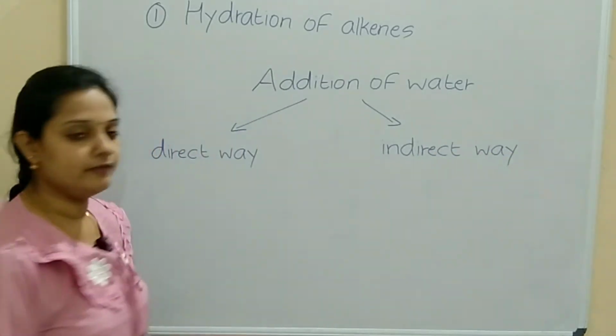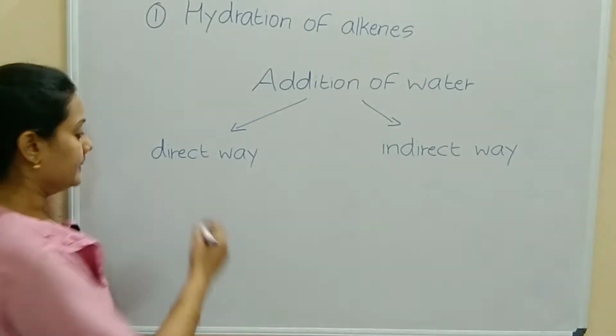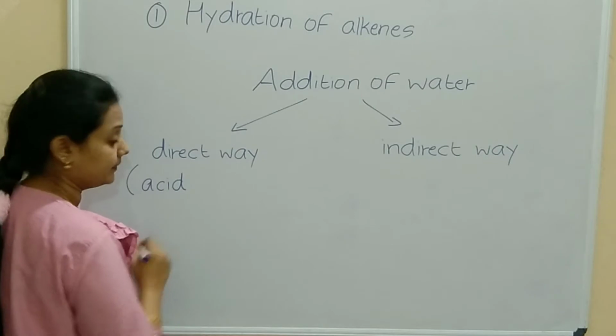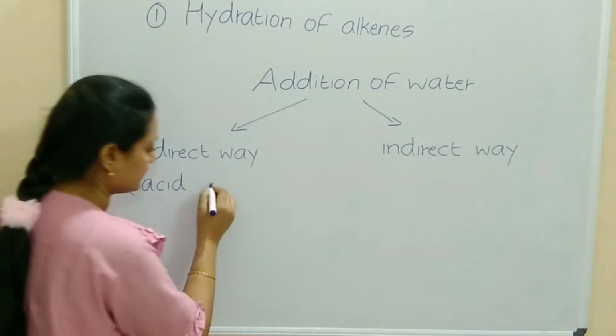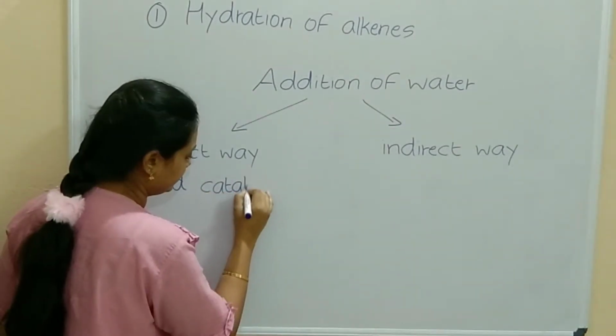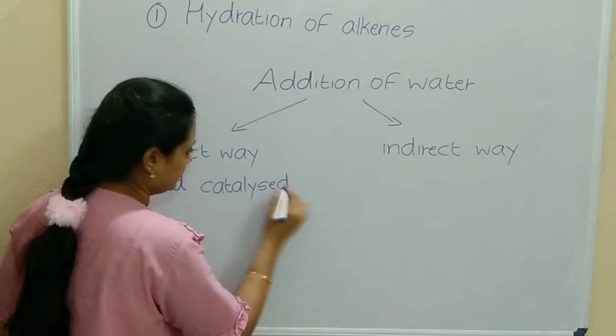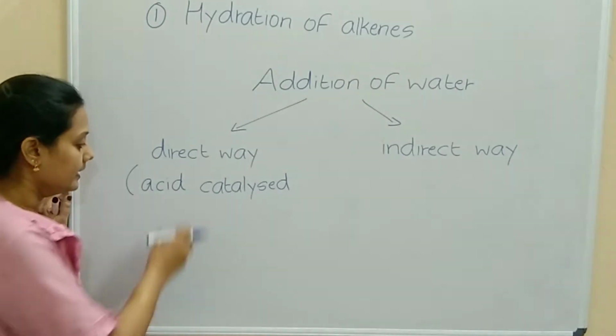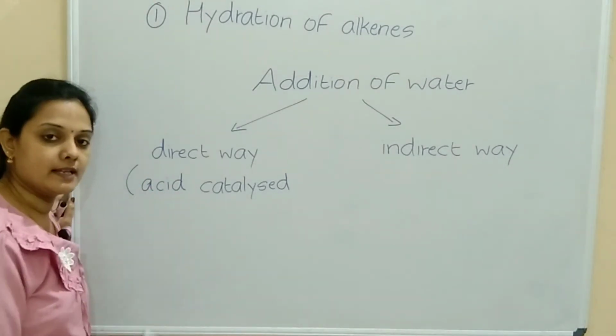Okay, the direct way of adding water happens in the presence of an acid. We can also write it as acid catalyzed hydration. Adding water directly, that is H and OH of water, happens in the presence of an acid as a catalyst.